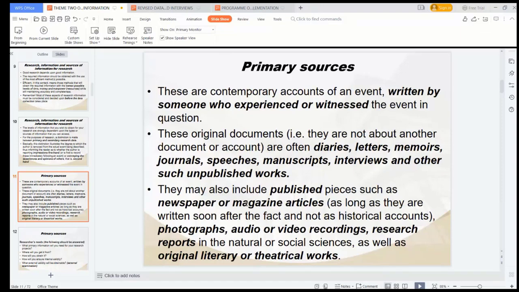They may also include published works such as newspapers or magazine articles, photographs, audio or video recordings, research reports in the natural or social sciences, as well as original literary or theatrical work. This is a grouping of what can be considered as primary sources.